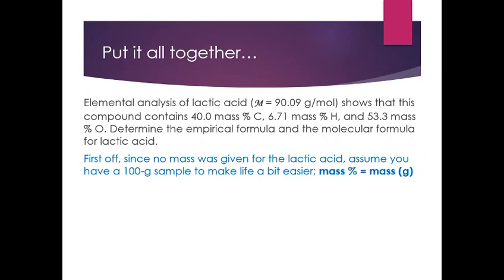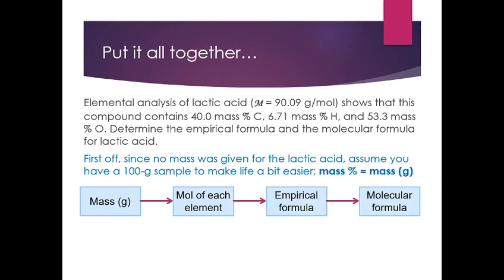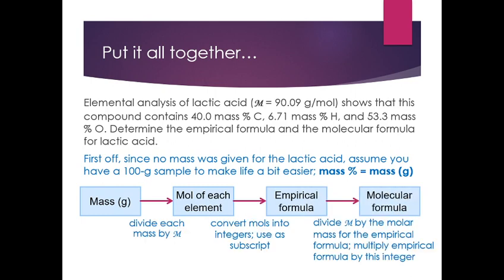And so when we go through and look at this, just line everything up appropriately following the steps I gave you beforehand. If we're given the mass of our sample, we can convert our masses into moles using the molar mass. Once we have the moles of each of those elements, we can use the number of moles as the subscripts and then change them by however we need to get a simple whole number ratio.